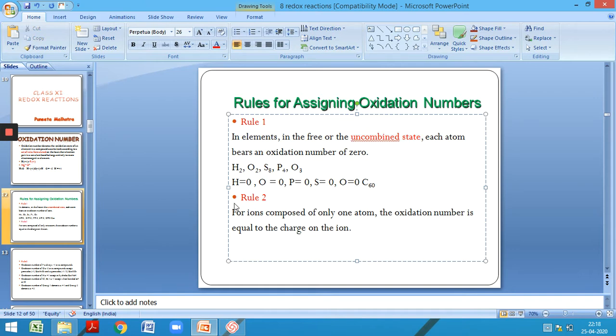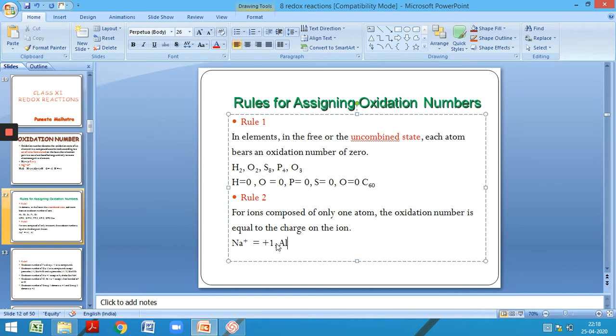The second rule is that for ions composed of only one atom, the oxidation number is equal to the charge of the ion. What does this mean? Sodium ion Na+ has a charge equal to +1 because it is composed of only one atom, so the oxidation number is equal to the charge on the atom.